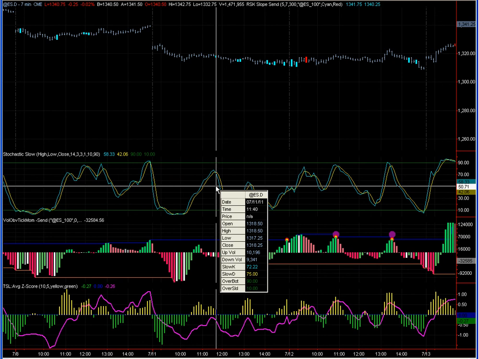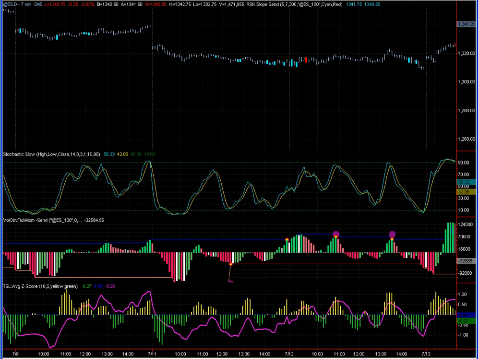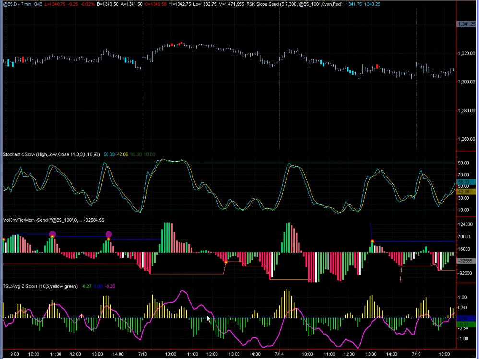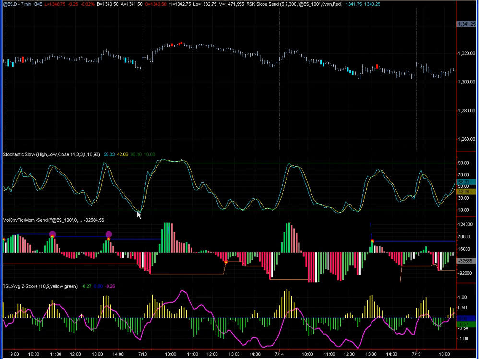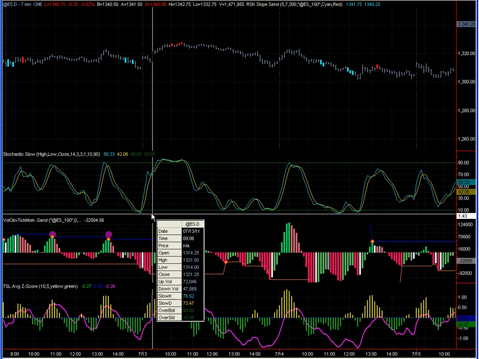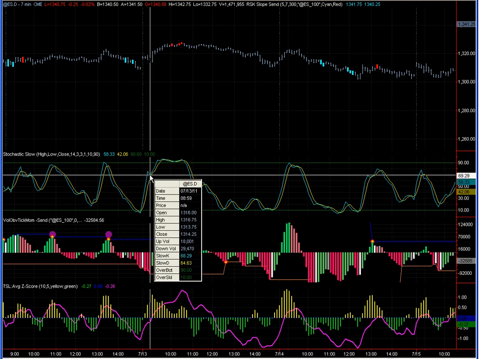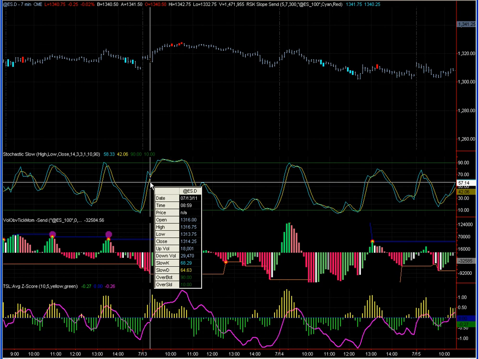Let me see if I can find another good example. Another example: the trader at the low of the morning already sees that he's getting close to being overbought with a stochastic. Instead, our traders are saying, guess what? It's time to go long.